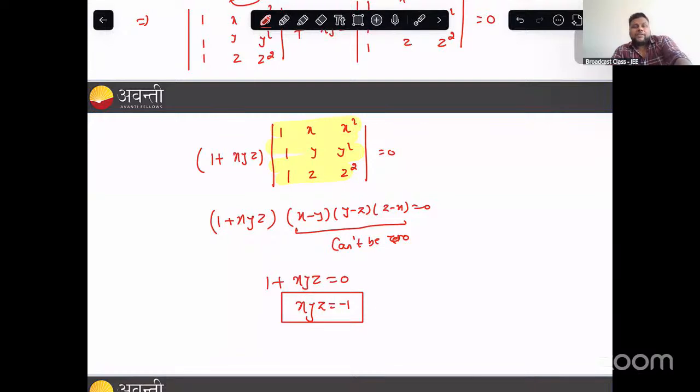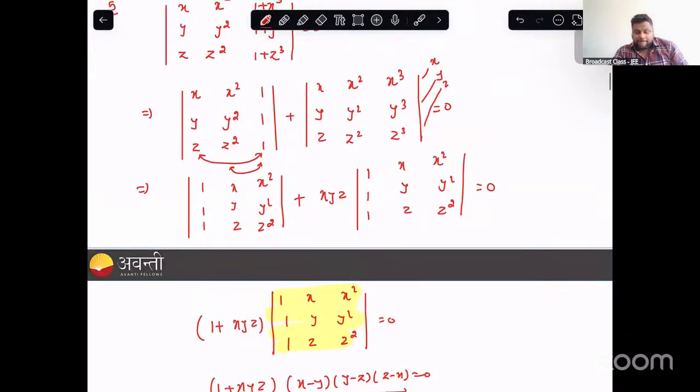Tell me, have you understood it? xyz equals minus 1. Yes, anybody? Have a look again.